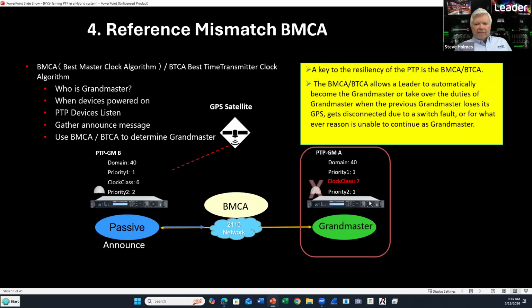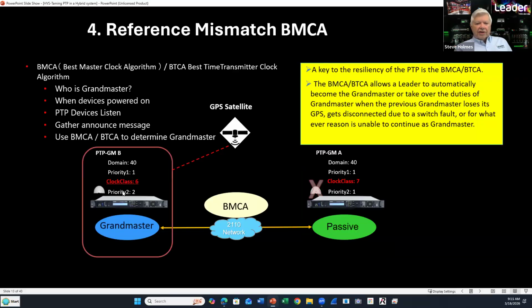It's still got the right phase, it's still running, but it's running on the internal oven controlled crystal, but it's not locked to GPS. This unit is still locked to GPS. And since the clock class sits above priority 2, it overrides priority 2. And this second unit here, your second grandmaster, will just walk in as being the grandmaster. It doesn't have to wait for PTP to go away.